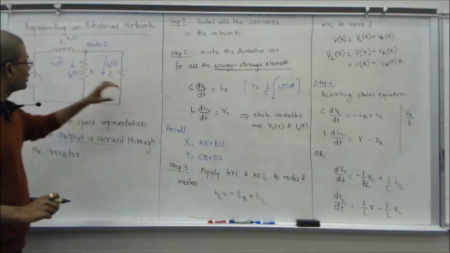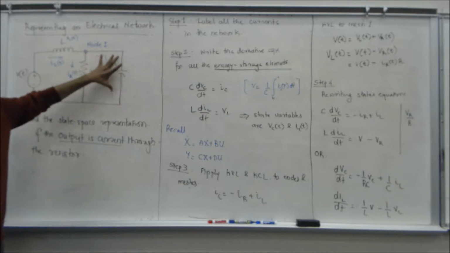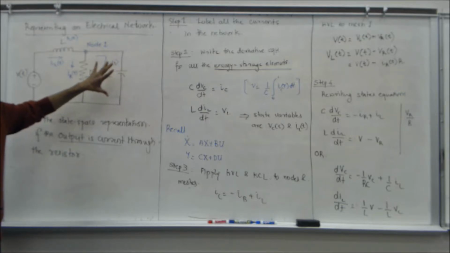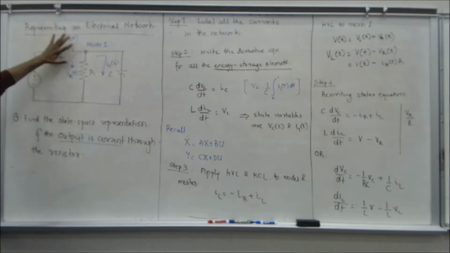VR, you have to realize, this voltage is what gets applied to this thing. Right. So if you look at this, there are two elements here. If you did not have this element, this voltage would be the same for this.